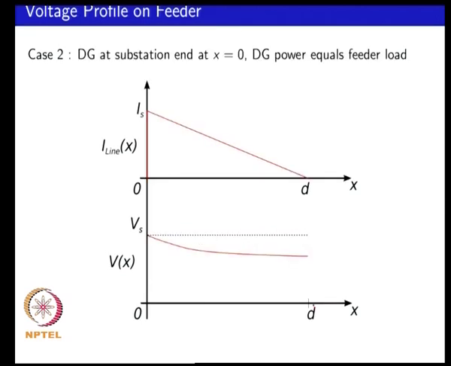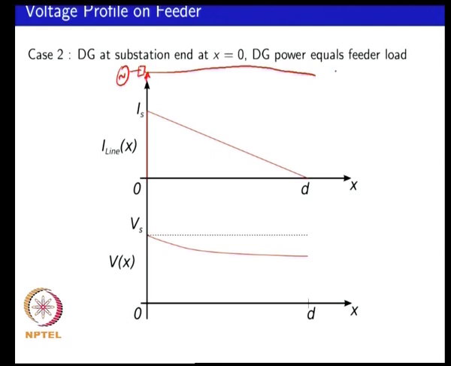So, the first case that we will consider is adding a DG at the substation end. So, you have the substation and say you connect a DG right at this point at x equal to 0, and we will assume that the DG power equals the overall feeder load.